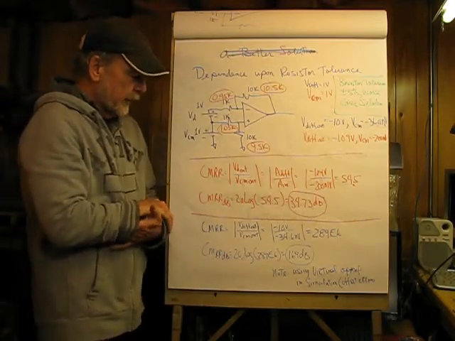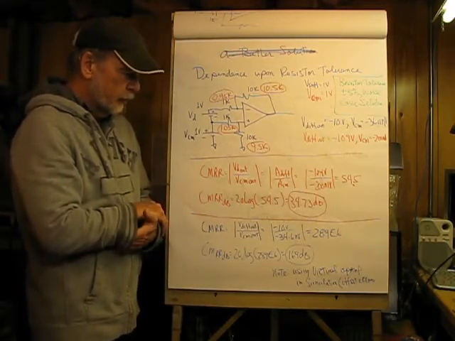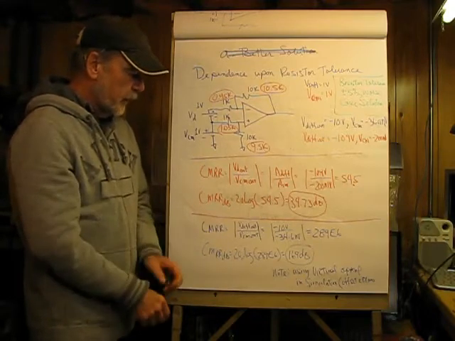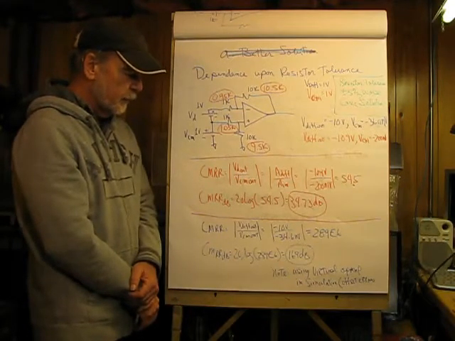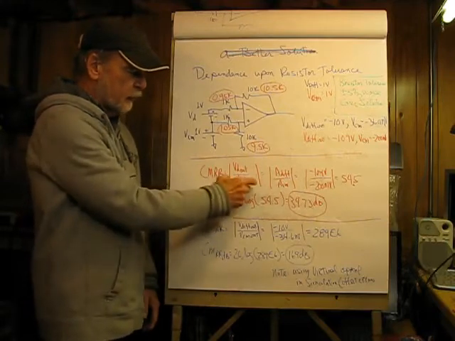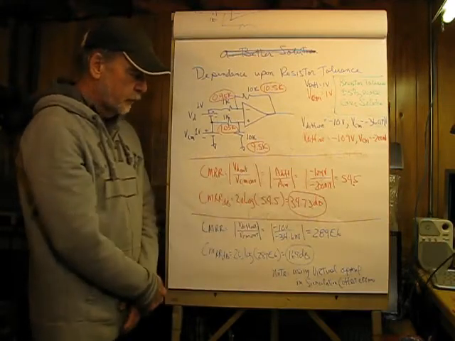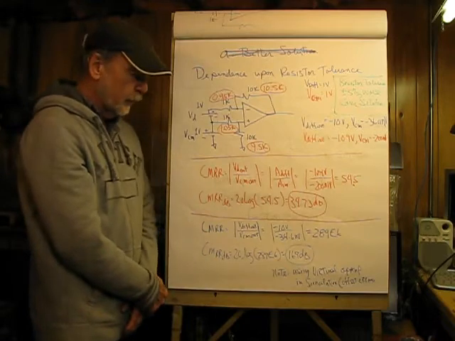So let's take a look at the common mode rejection ratio with this, and we'll start out with the tolerance of 5% first. I've got the absolute value signs in here because the rejection ratio is a positive number.